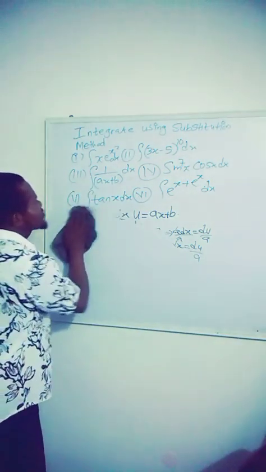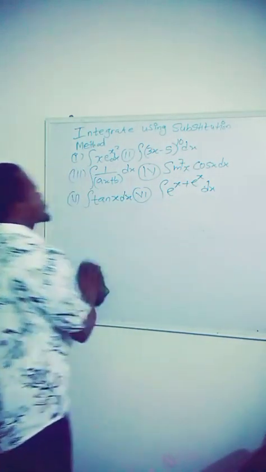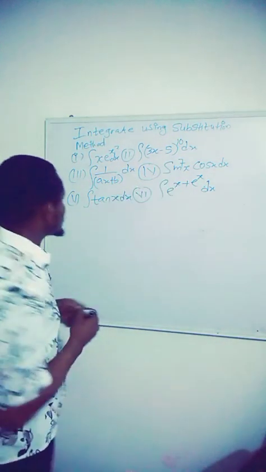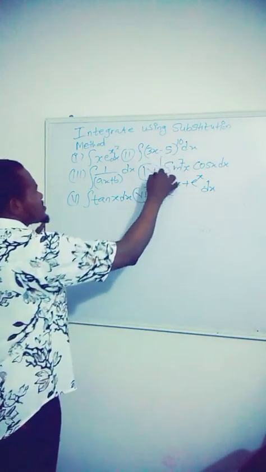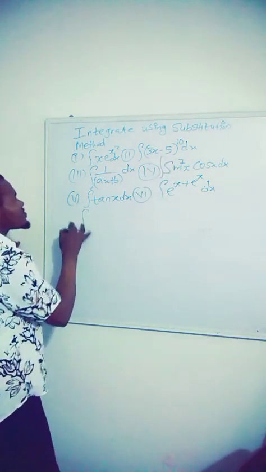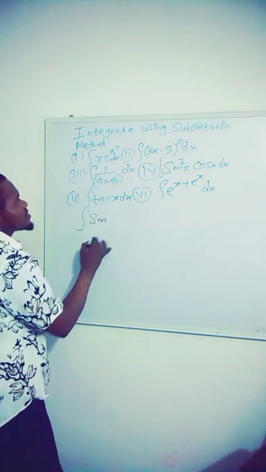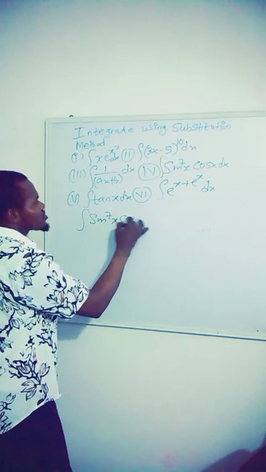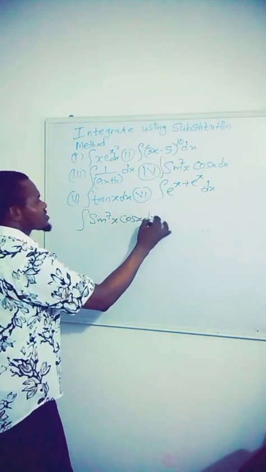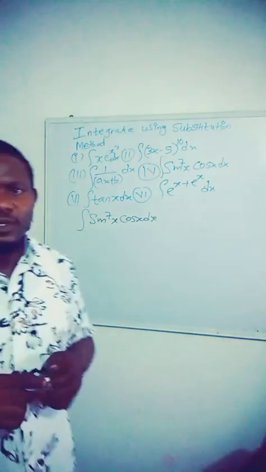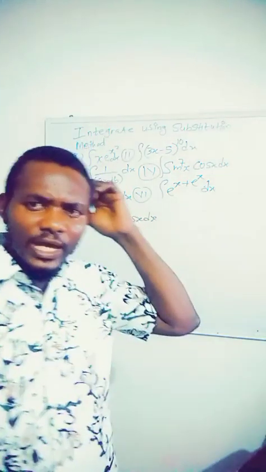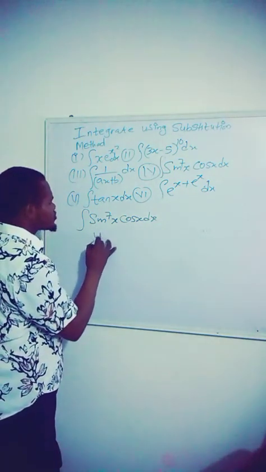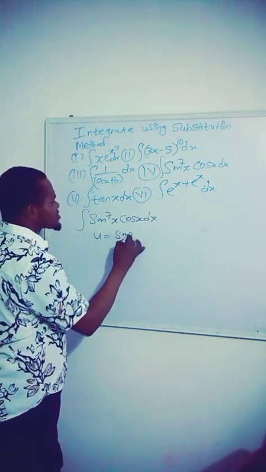So we are moving to this. We have to find the integral of sine^7 x cos x dx. So now, how do we do this? We can say let u equal sine x.